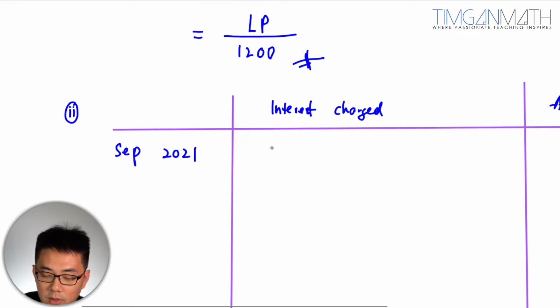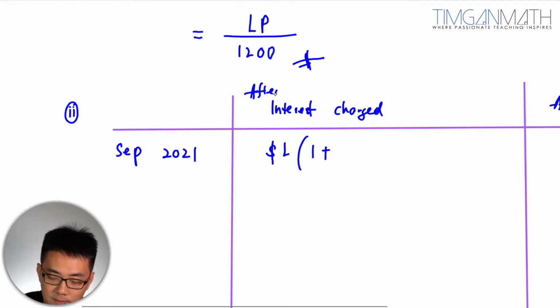So interest charge will be L times 1 plus P over 1200. After interest charge, the amount owed is the total amount after interest charge.